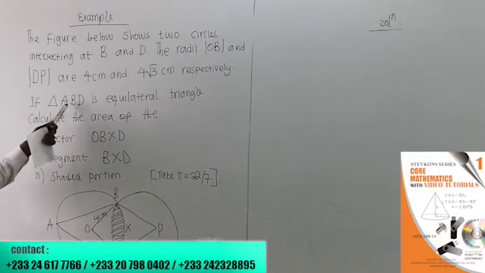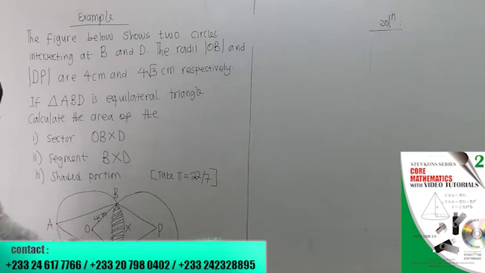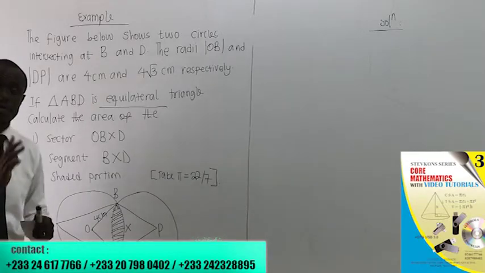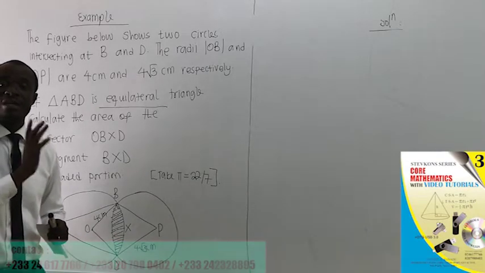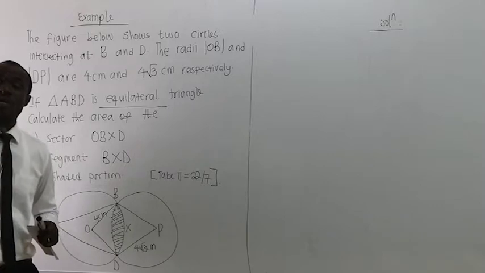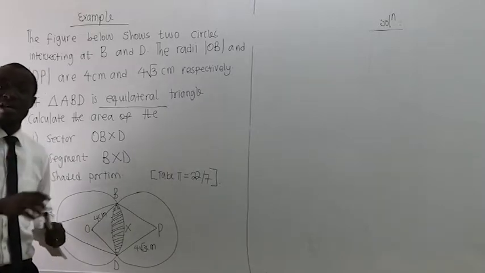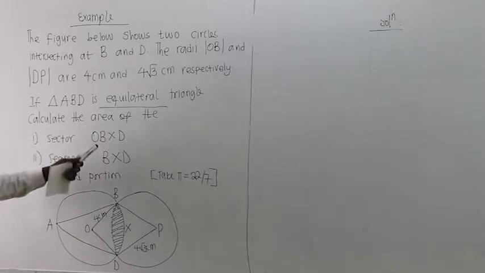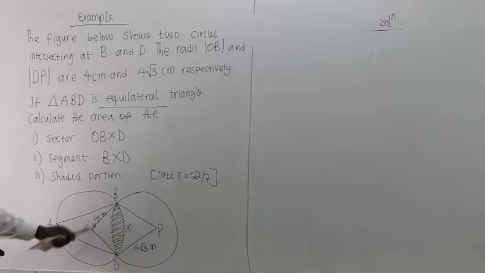Now, triangle ABD is equilateral, very important: all the sides are equal, and since all the sides are equal, each angle in such a triangle is 60 degrees. Now, calculate the area of sector OBXD.